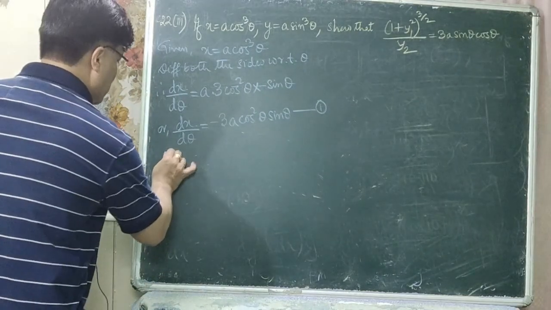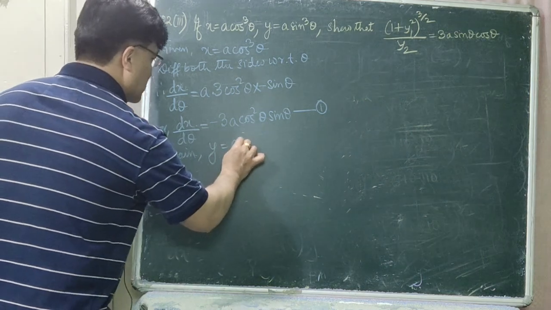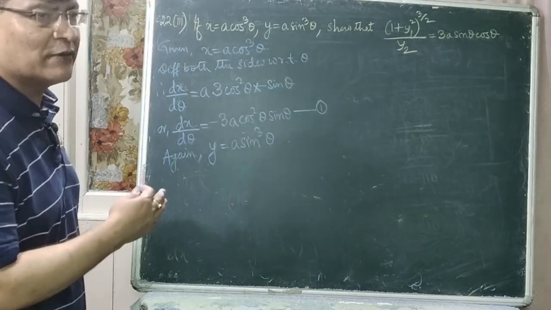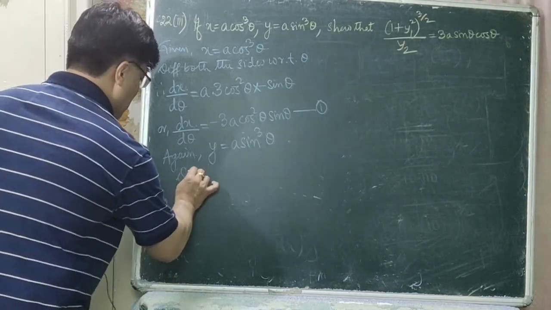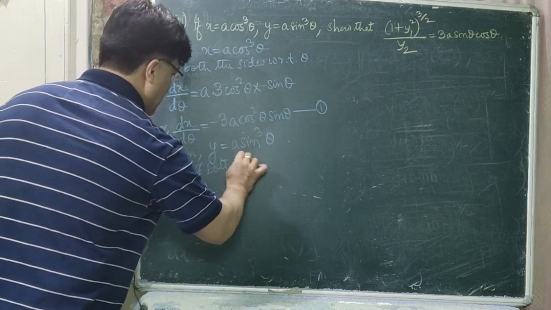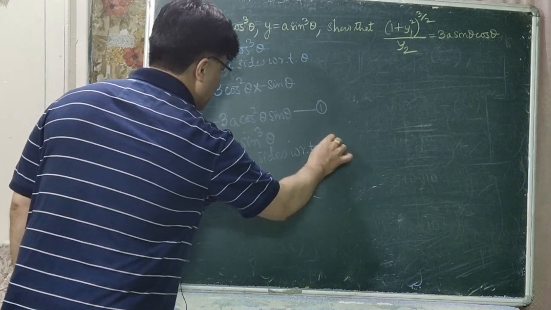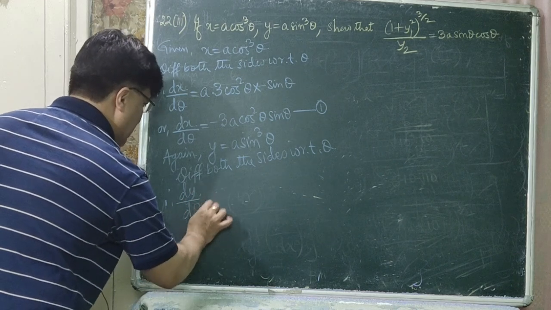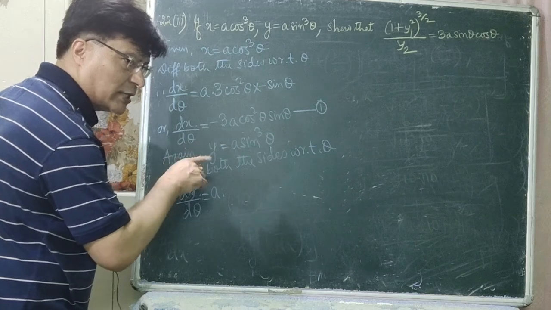So again y is equal to a sine cube theta. Now let us differentiate both the sides with respect to theta. So differentiating both the sides with respect to theta. So therefore dy by d theta is equal to a into, now differentiate sine cube theta with respect to theta.